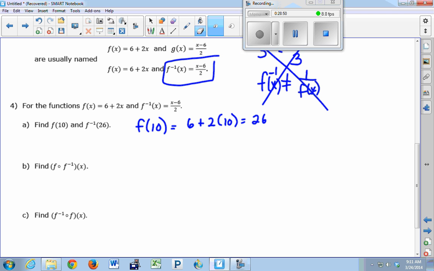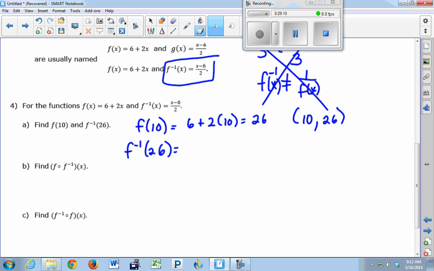So if I wrote that as an ordered pair, if I would start to graph this, it would be (10, 26). Okay. Now let's find f inverse of 26. Can someone help me with that? f inverse of 26? Do you know what your answer is?